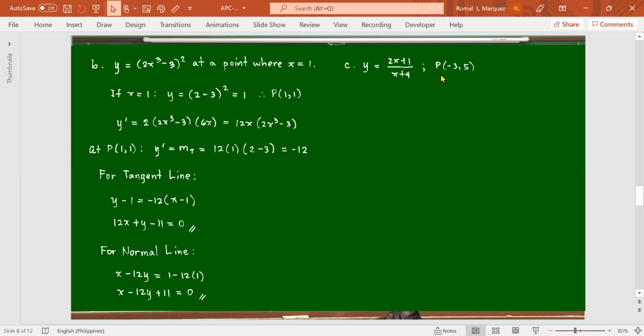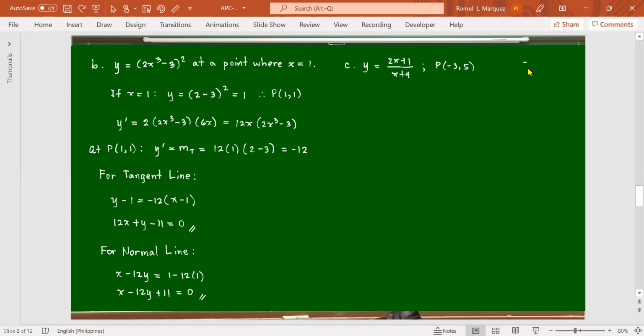Let's check if this is really a point on the curve. 2 times negative 3, negative 6, plus 1, all over... oh, it's negative. I think it's not, no? Let me check again.